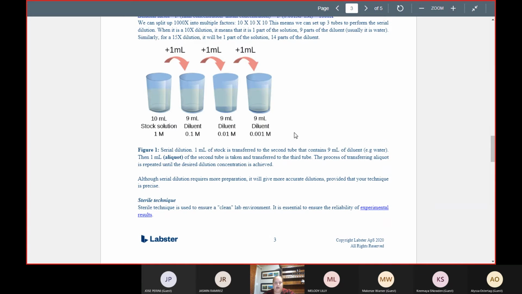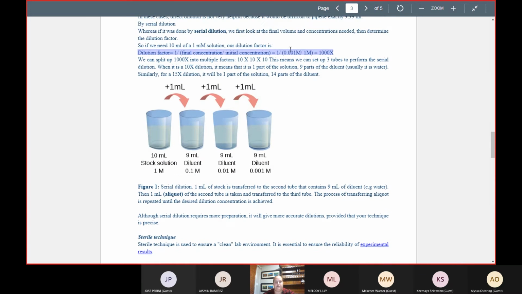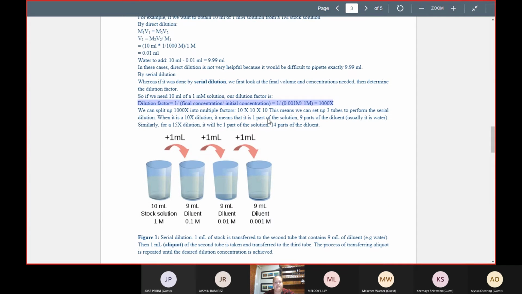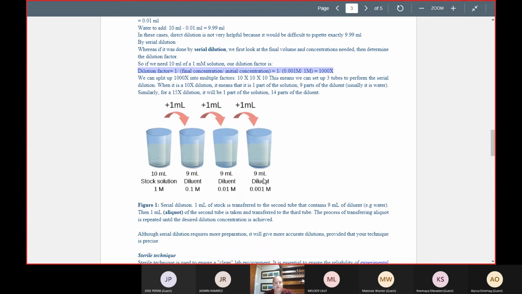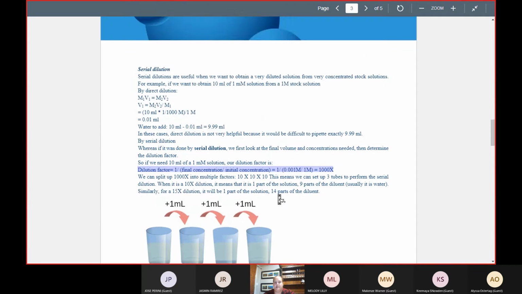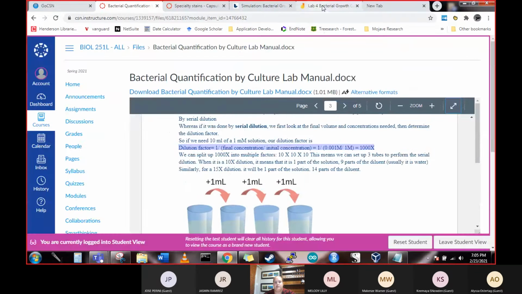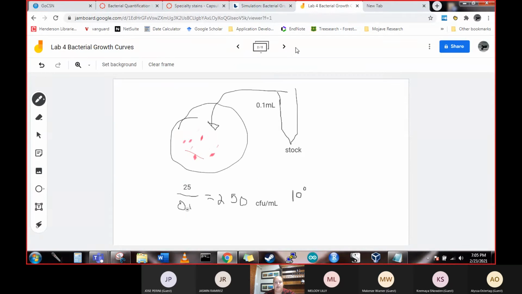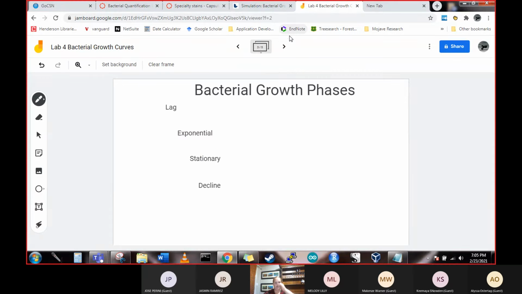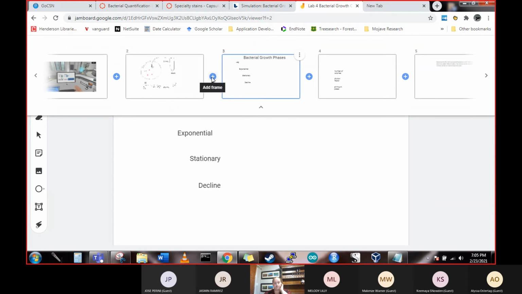Yeah, so I wanted to talk to you guys a little bit away from this stock solution idea. I want to talk about serial dilution as it relates to actual bacteria on plates. So I'm going to put another picture in here.